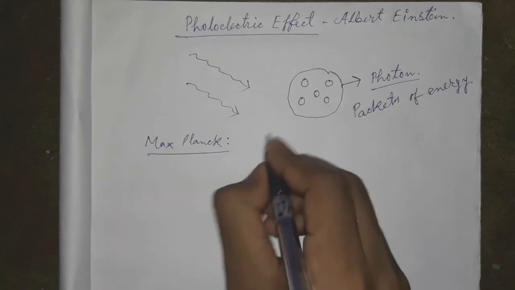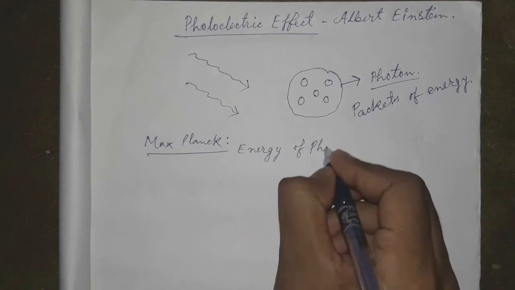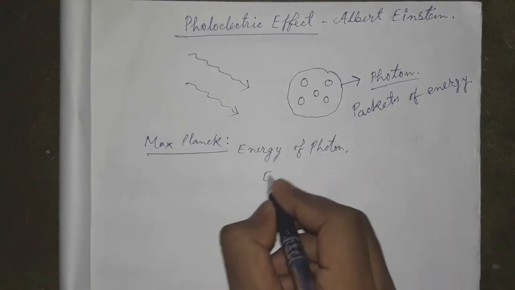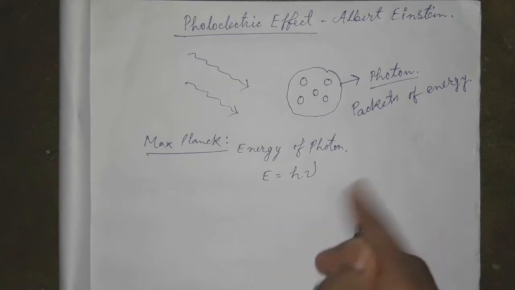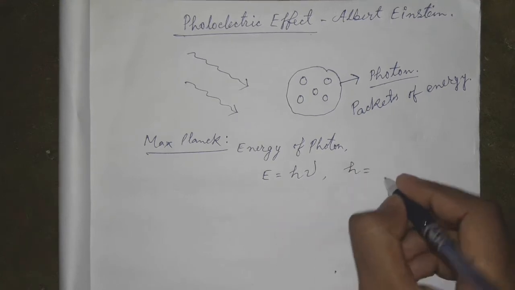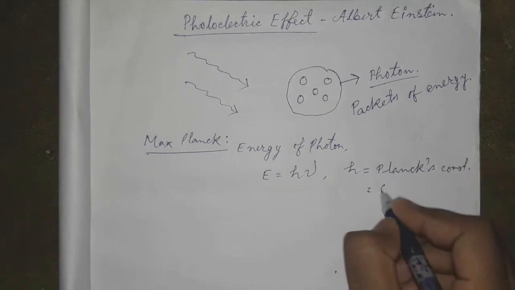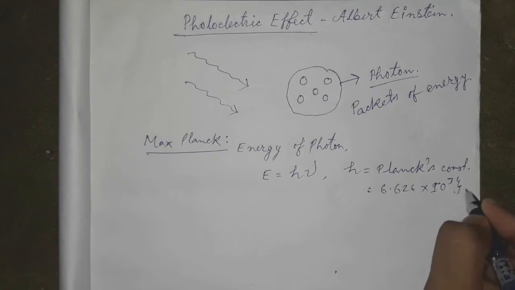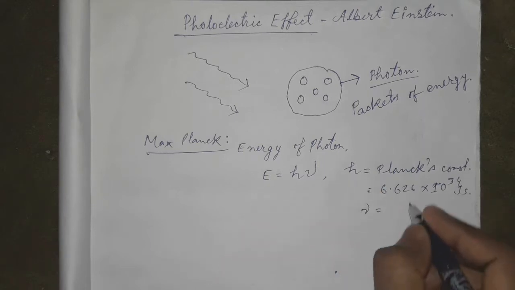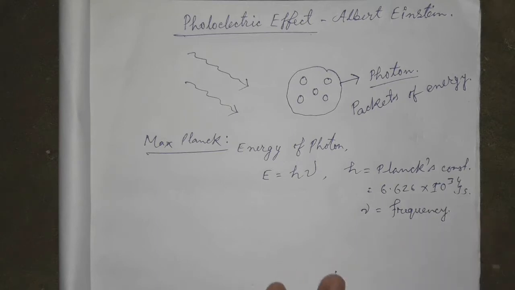According to Max Planck, the energy of a photon, that is E, is equal to h nu, where h is Planck's constant, and its value is 6.626 into 10 to the power minus 34 joule second, and nu is the frequency of light.